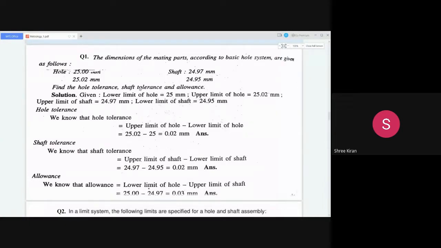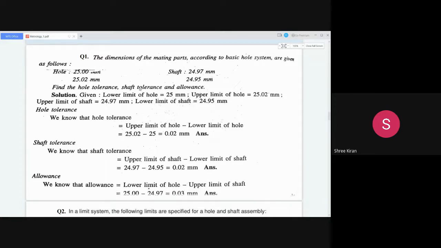The dimensions of the mating parts according to the basic hole system are given as follows: the hole is 25 mm and 25.02 mm, and the shaft is 24.97 mm and 24.95 mm. We have to find the hole tolerance, shaft tolerance and allowance.